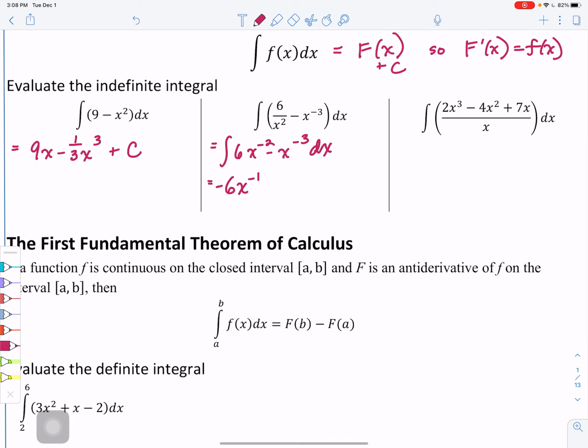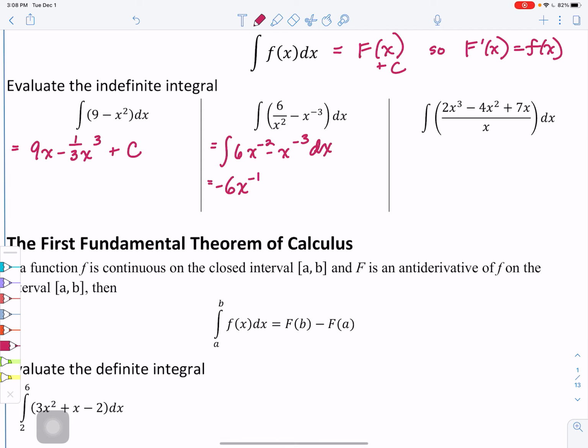Evaluate this definite integral. So what we'll do is we will first write the antiderivative. So I'm going to add 1 to x, and it's a 3, and divide by 3, and that's just a 1. Plus, the antiderivative of x is 1/2 x squared. That is worth memorizing. Minus 2x. Now watch what's going to happen. Evaluate from 2 to 6.